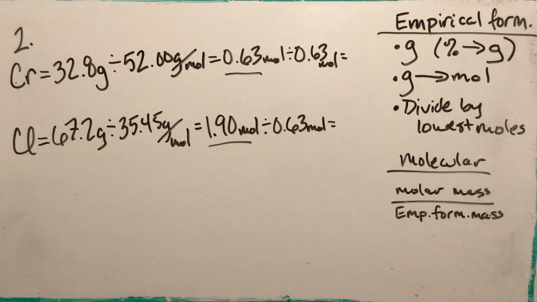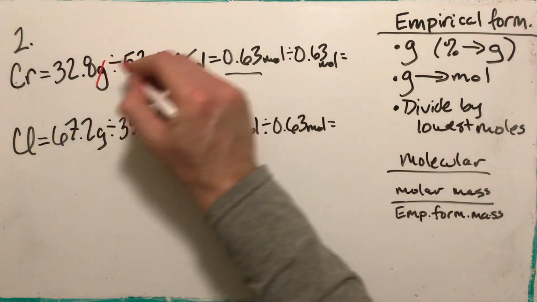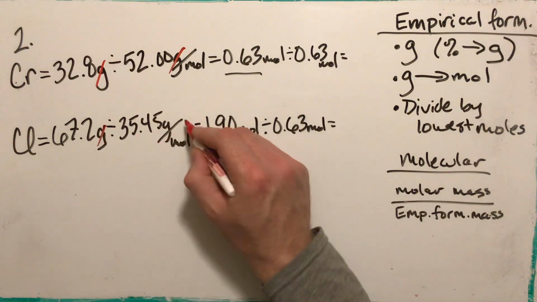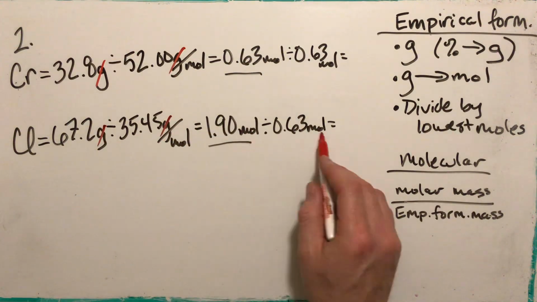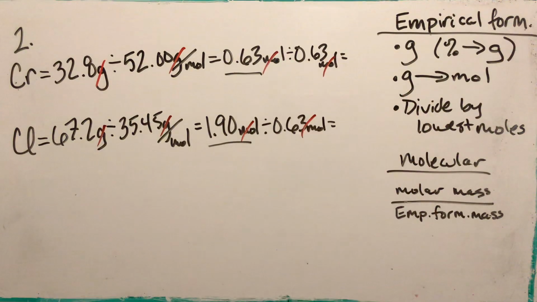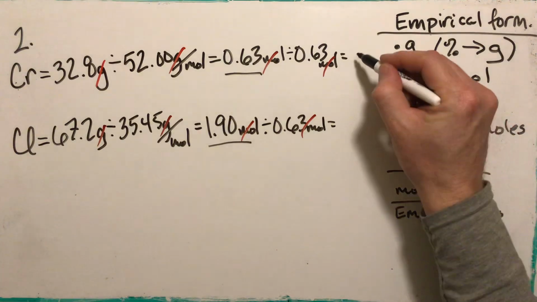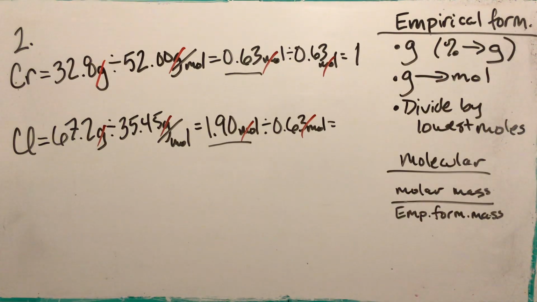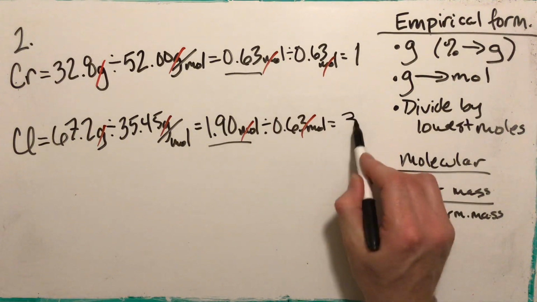Obviously, if we bring our canceling into play, grams divided by grams is no grams, so grams is out of it. And then moles divided by moles, they'll cancel. So I'm just going to be left with the number. This one is easy. That one's going to be 1, because any number divided by itself is 1. And this one works out to 3.